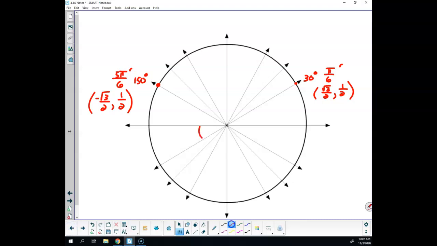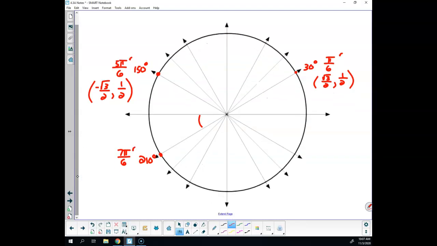Translate it down here. Now there's my 30-degree angle. So that's going to be 210, 7 pi over 6 if I convert it. Both are negative.